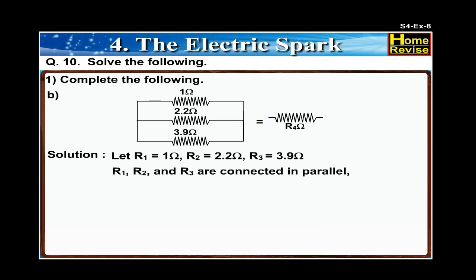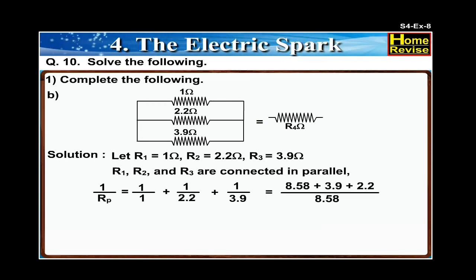R1, R2 and R3 are connected in parallel, so 1 upon Rp is equal to 1 upon 1 plus 1 upon 2.2 plus 1 upon 3.9, which equals 8.58 plus 3.9 plus 2.2 upon 8.58. 1 upon Rp is equal to 14.68 upon 8.58.